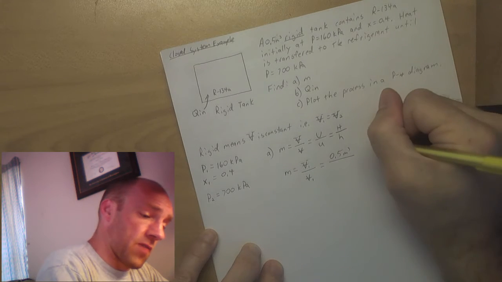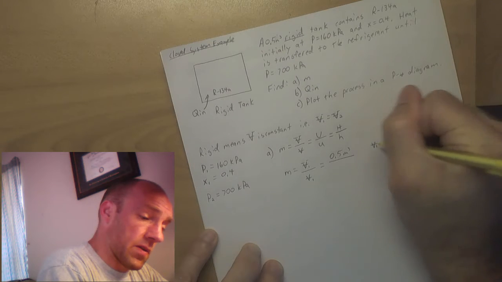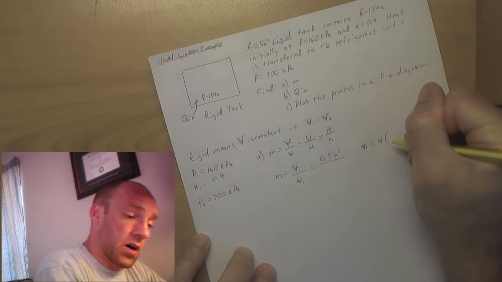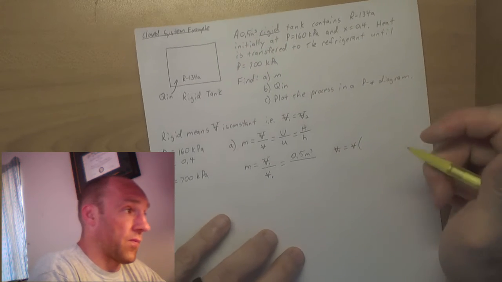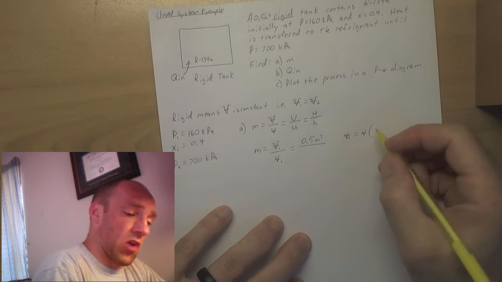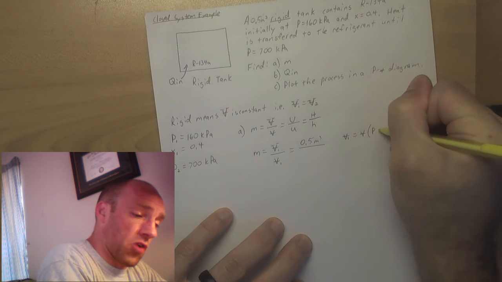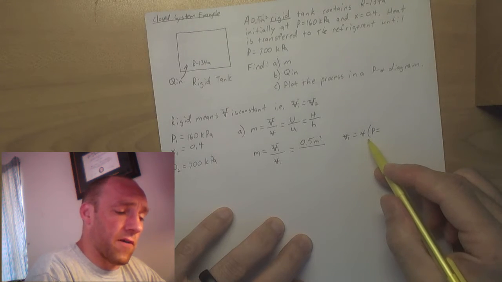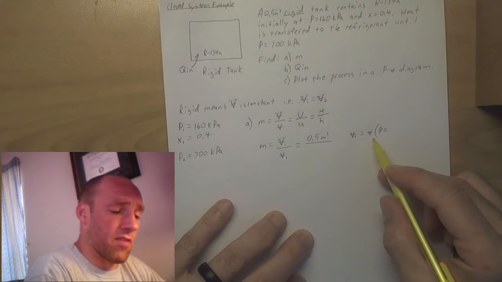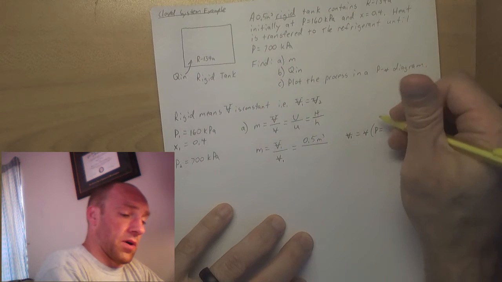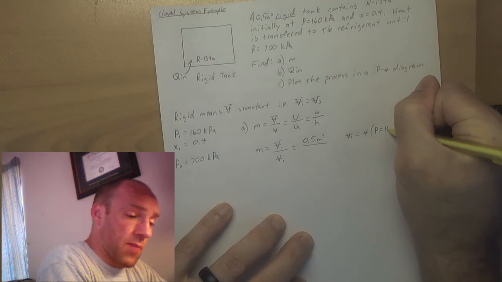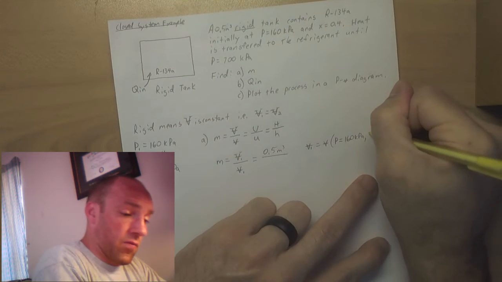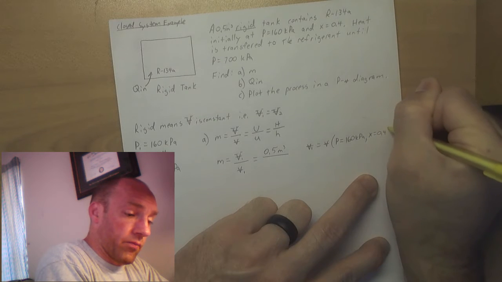And then the specific volume is going to be equal to the specific volume as a function of pressure. This is the notation I use, reminiscent of the syntax for ease. The pressure equals 160 kPa and quality equals 0.4.